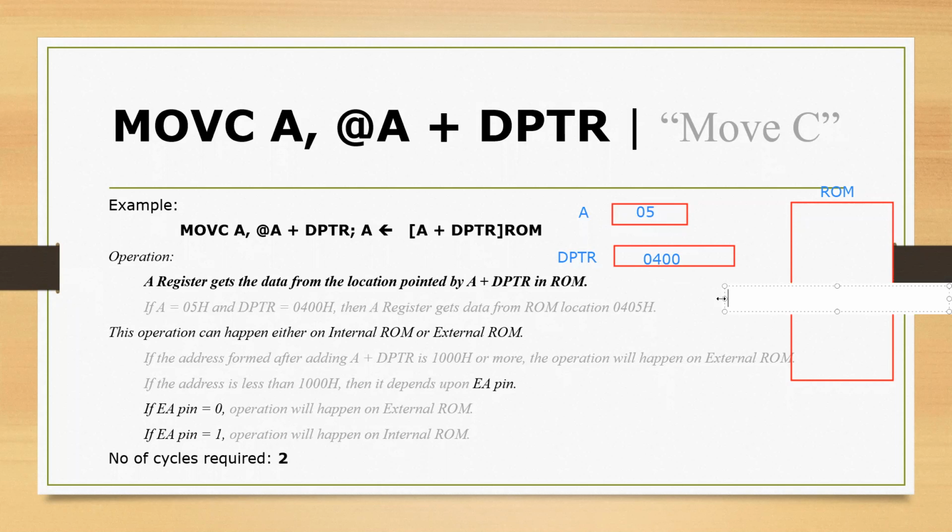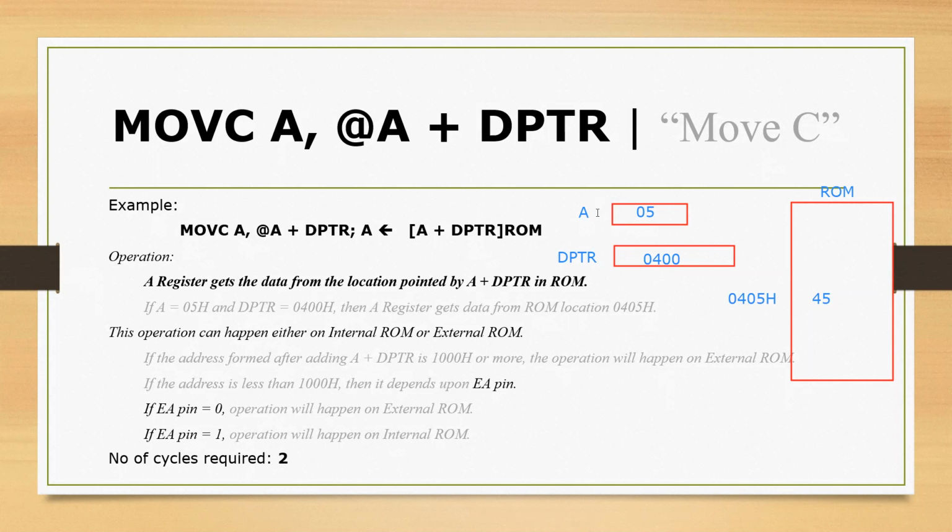Let it be this location 0405 hex in ROM. This location contains a byte of data, let it be 5. This is transferred to the accumulator register.